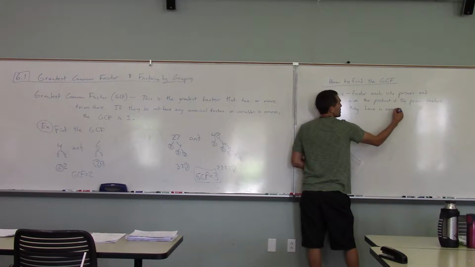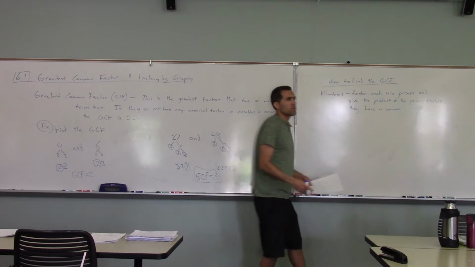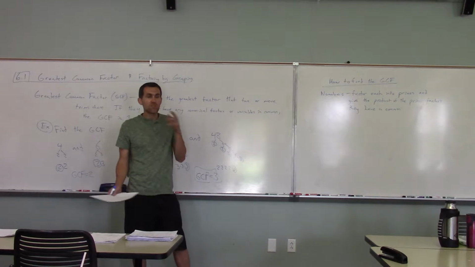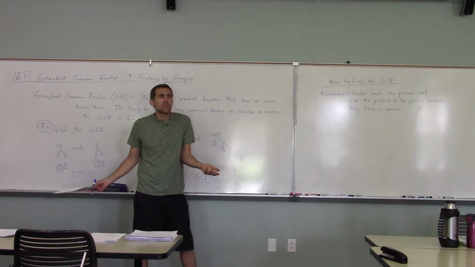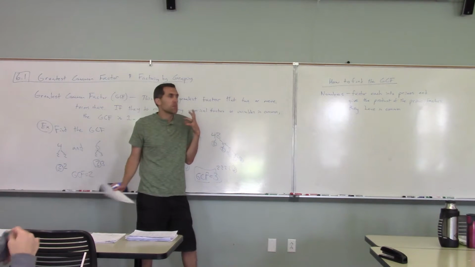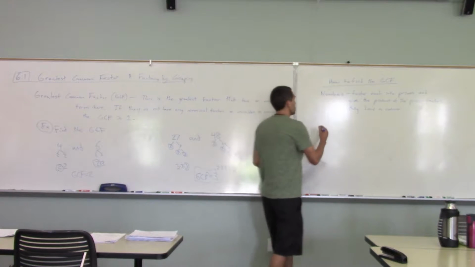So if you want to do the numbers, which is really the only kind of, you could call it hard part, you just factor it into its prime numbers and just give the ones they have in common, right? All multiplied together into one mushy clump. Right? For variables, it's even easier.